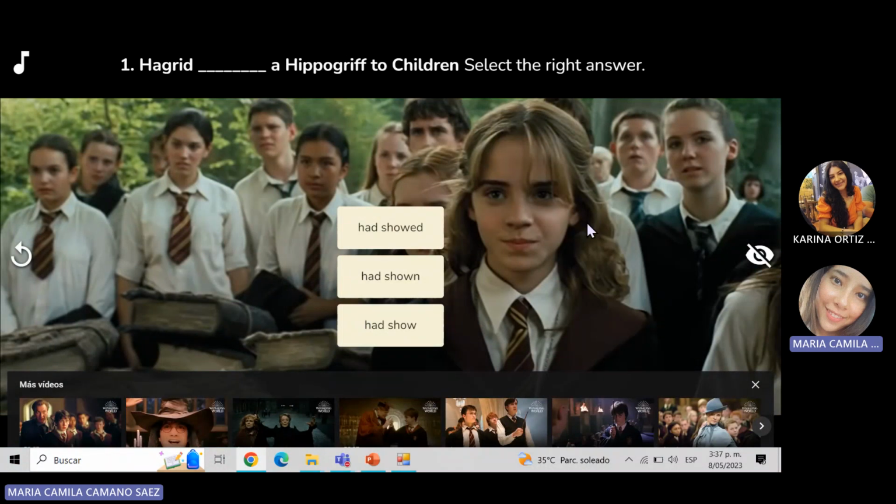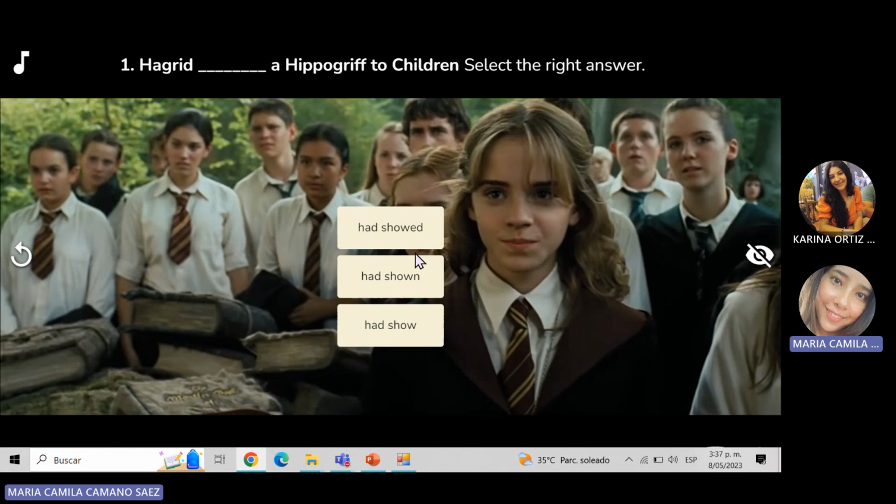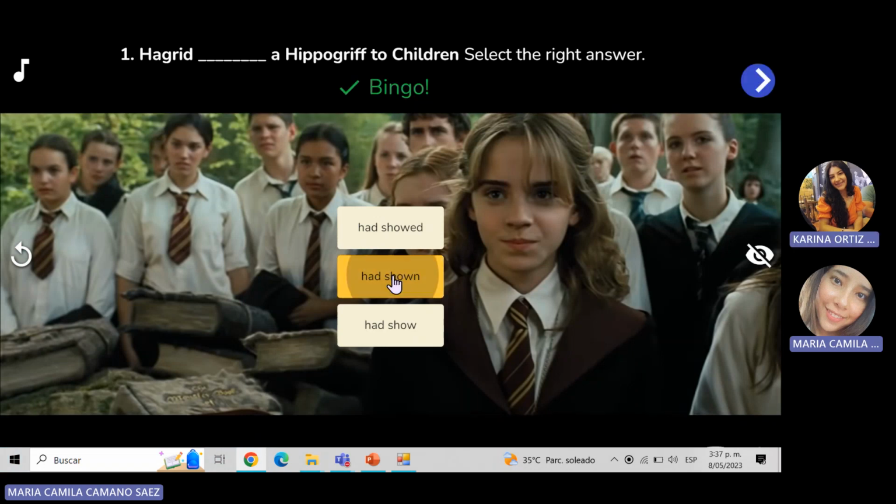Okay, the first one said, Hagrid, a hippogriff to children. What do you think? Had shown, the second. Yes, the second. You're right.